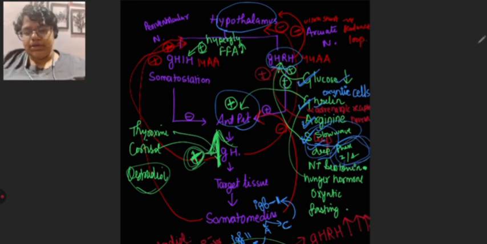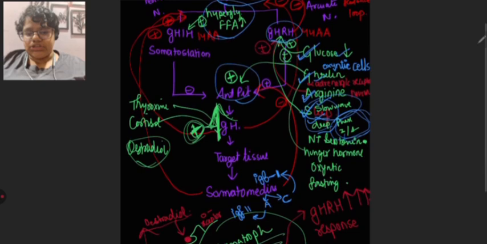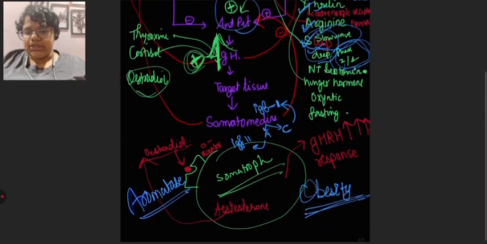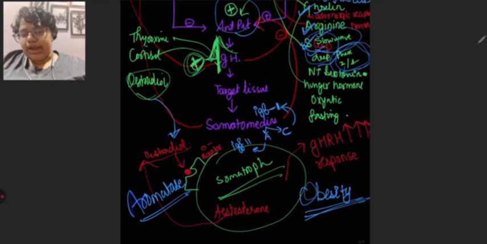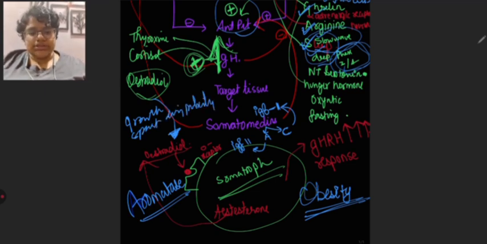About the growth inhibiting factors, on this side you write hyperglycemia and free fatty acids. First you explain these conditions, then you can go to the hormonal control. In estradiol you can add the point of growth spurt during puberty. And lastly, obesity also you can add.